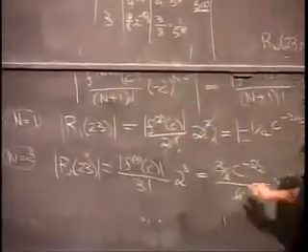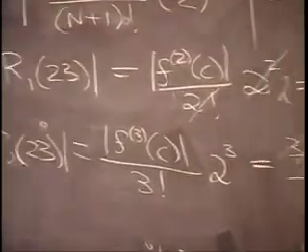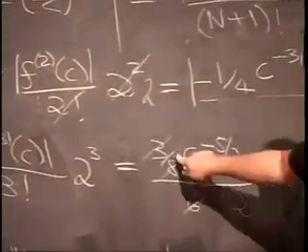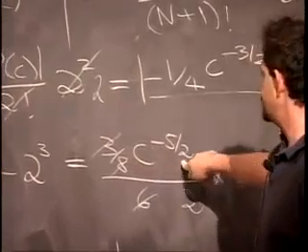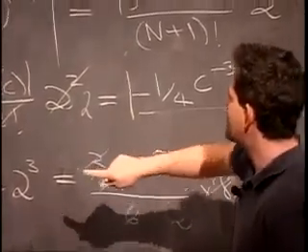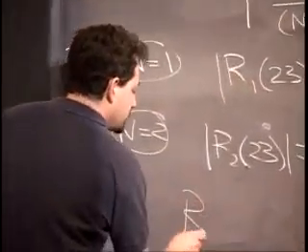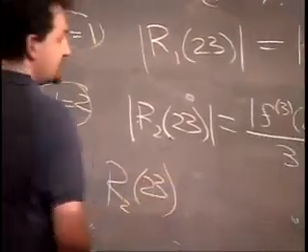We took absolute values, but before we took absolute values, we have the third derivative, which is 3/8 c to the minus 5 halves, divided by 3 factorial, and then actually we're going to have a minus 2 cubed. So in order to really nail it, you need to write down exactly what R2 of 23 is without absolute values.